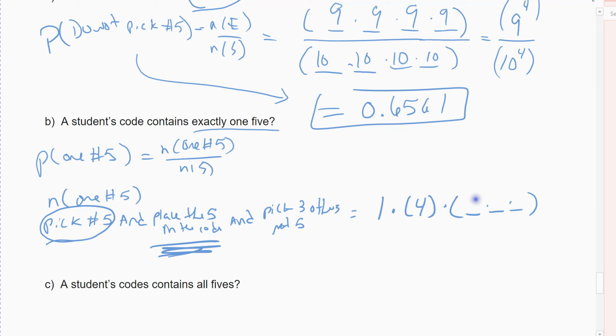That means there are only 9 numbers left for the 3 remaining spots, and there's 9 for all 3 because I can repeat those. I just can't repeat 5. So the event is 4 times 9 cubed. 9 times 9 times 9 is 9 cubed. Still over the universal set.